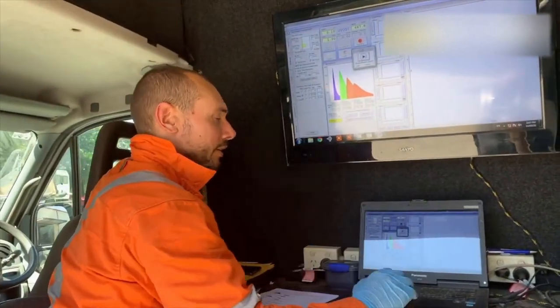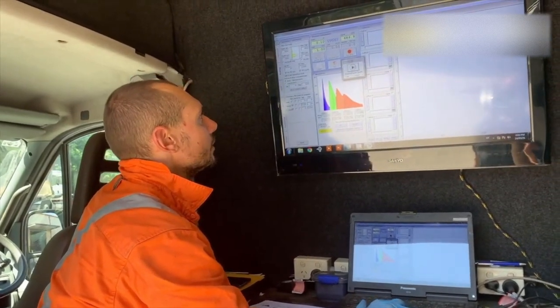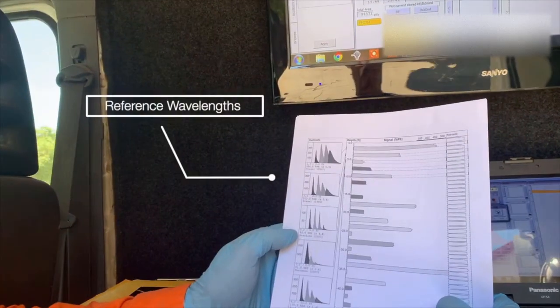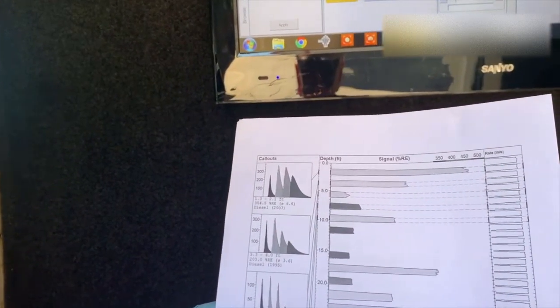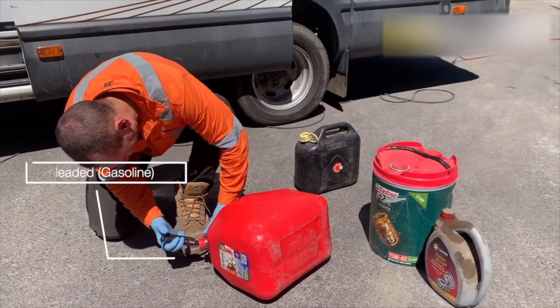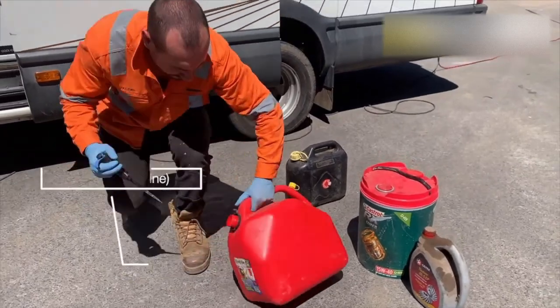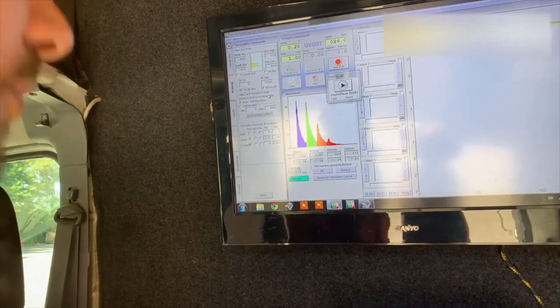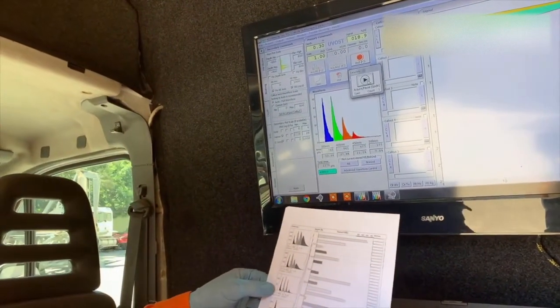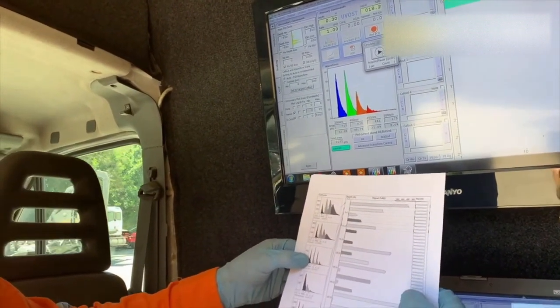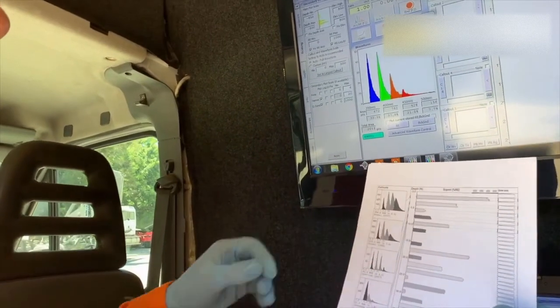That's the current reading. Gasoline, very short life.